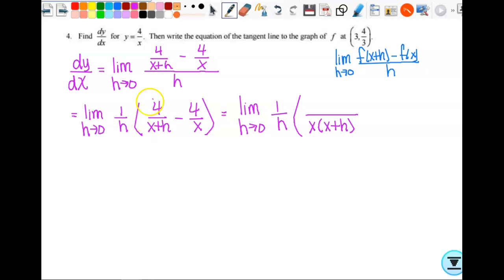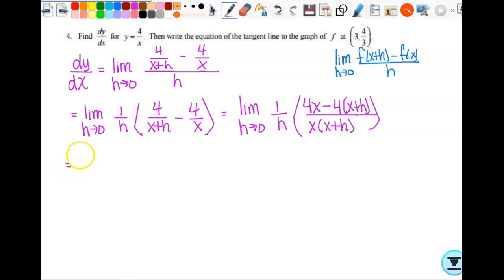So that means that this fraction has to be multiplied by x over x, which means this becomes 4x. Then I have a minus, and this fraction would have to be multiplied by x plus h over x plus h. So we get minus 4 times x plus h, and it looks like that. Everybody with me so far?